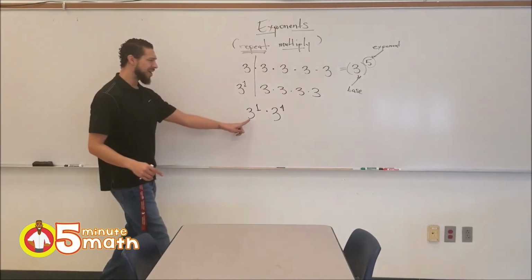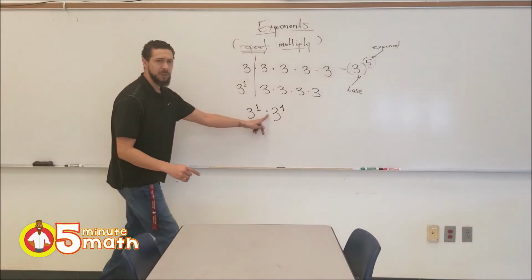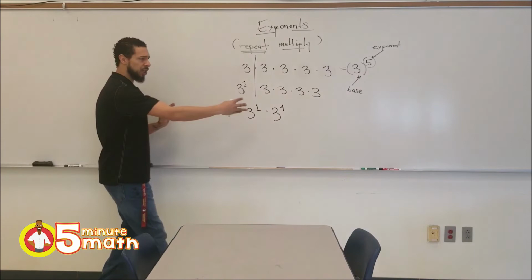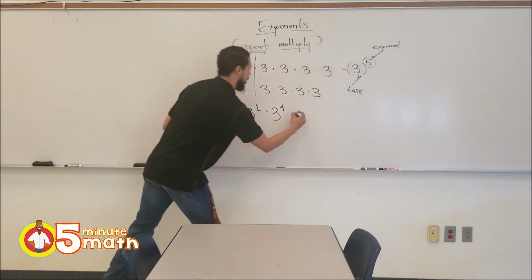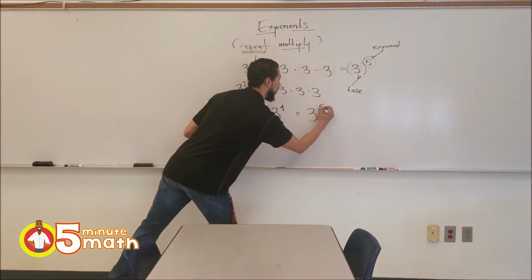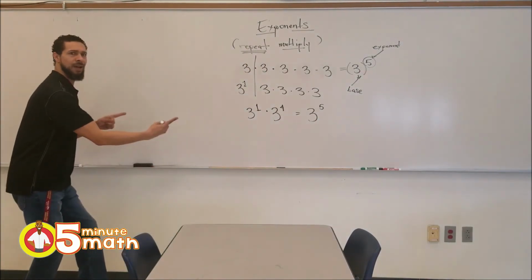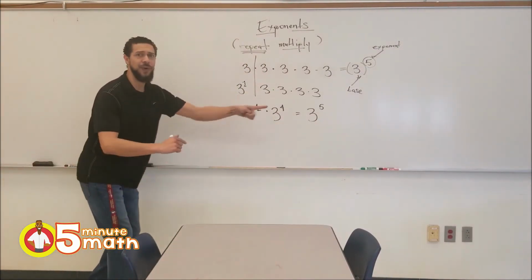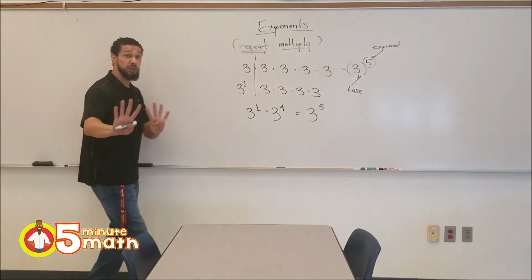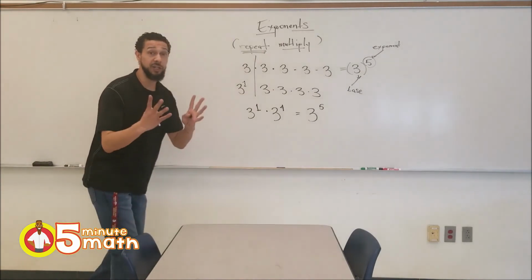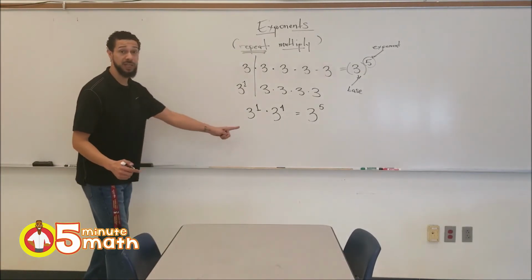Now, if I have 1 3 here and I multiply it by 4 more 3s all in a line, how many times did I actually multiply by 3? Yep, you got it, 5 times. And look what happened here. You know what, there's actually a little shortcut here. In math, we're all about trying to do things shorter. We can't always, but most of the time we can.